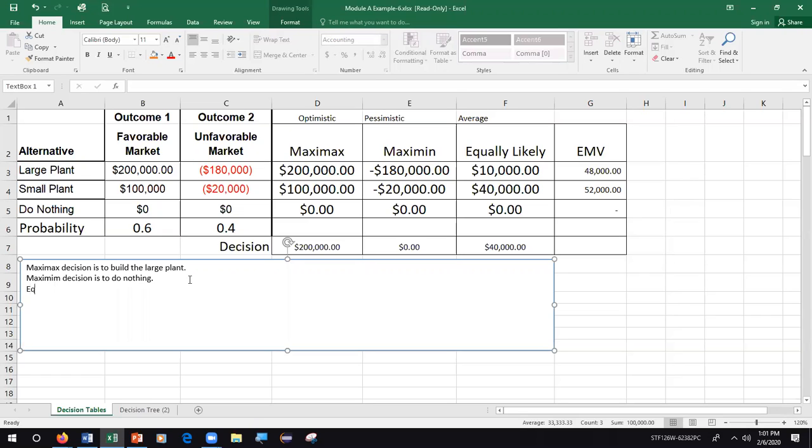The equally likely decision is to build a small plant.